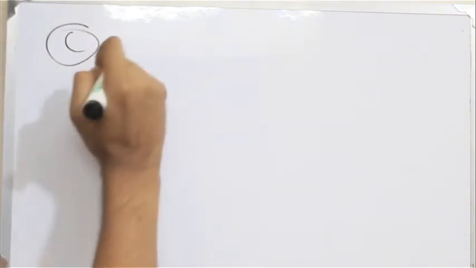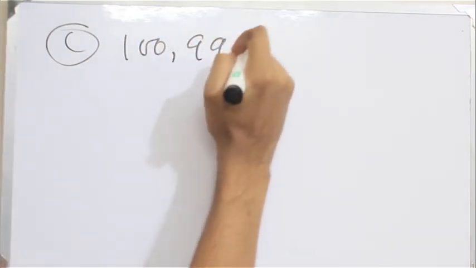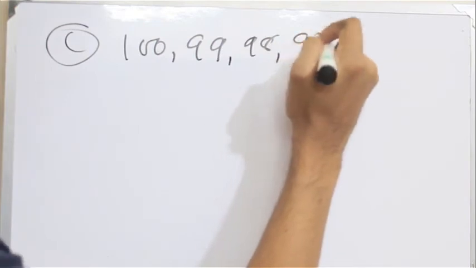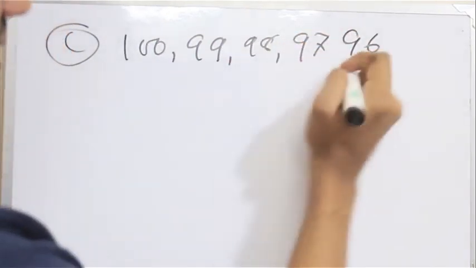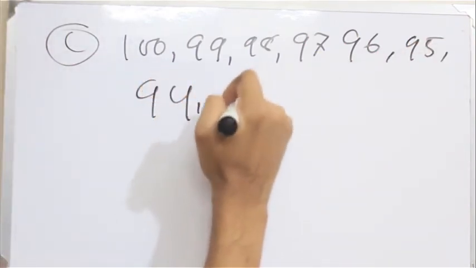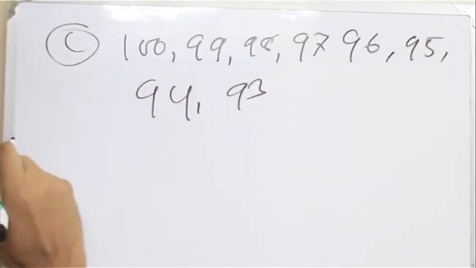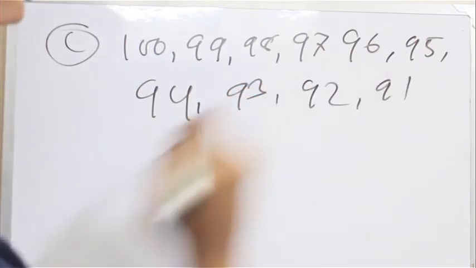Look at this. 100, 99, 98, 97, 96, 95, 94, 93, 92, 91.